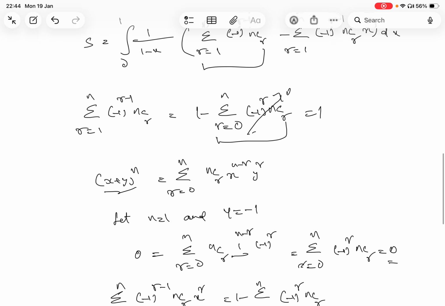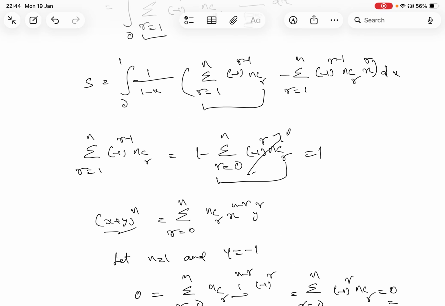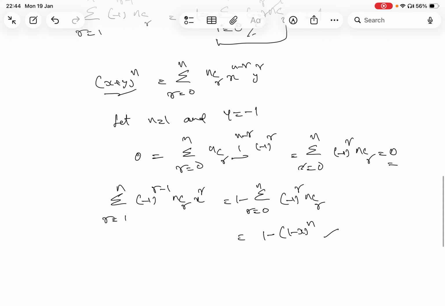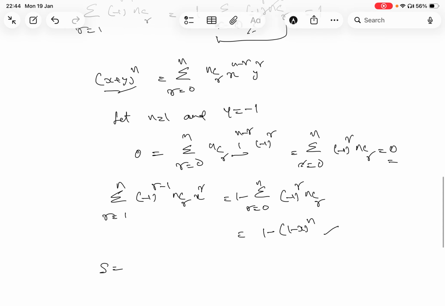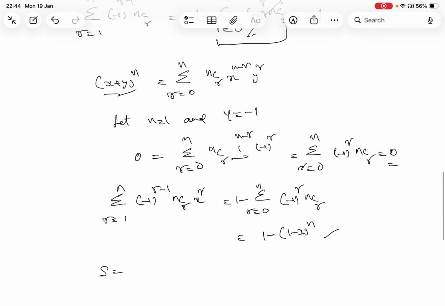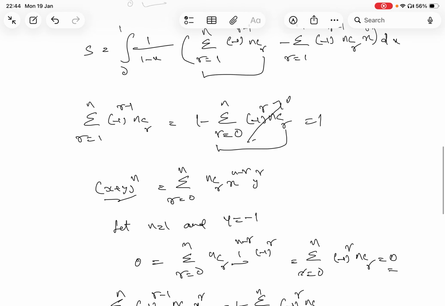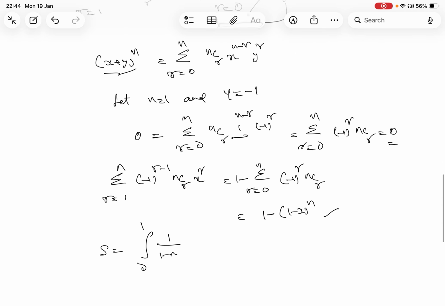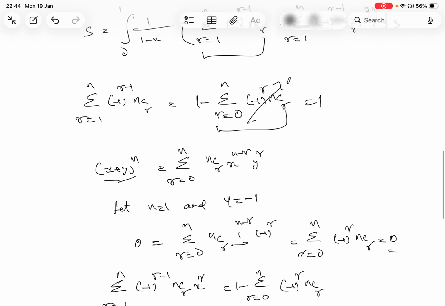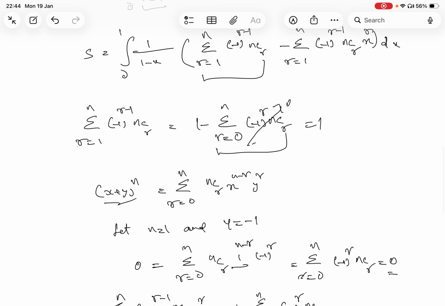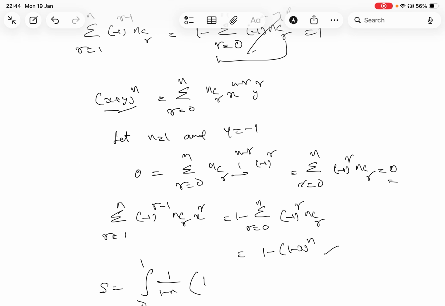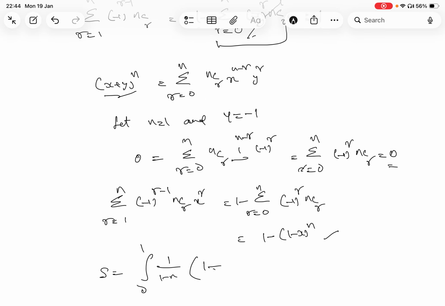Now substitute these two terms in the given S. Now S becomes the integral from 0 to 1 of 1 by 1 minus x into, the first part is 1 minus 0, which is 1, and the second term is minus 1 plus (1 minus x) whole power n, into dx.